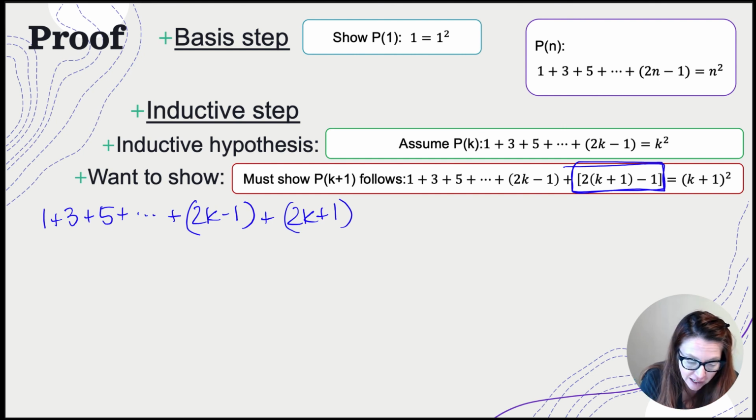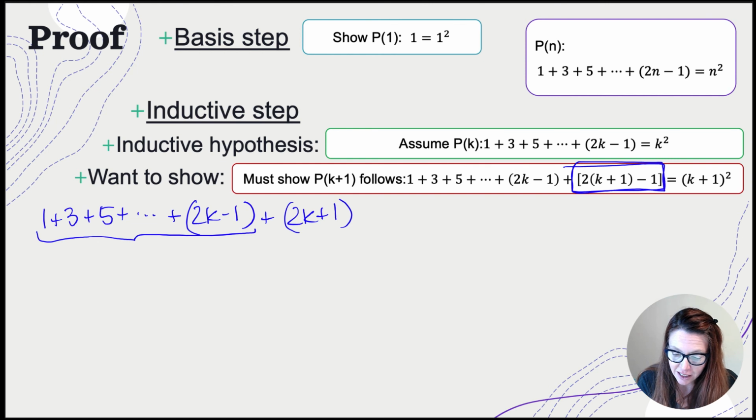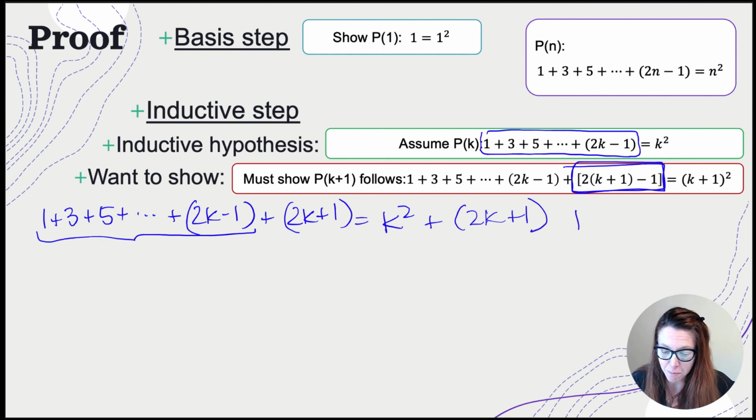Okay, but we know that this first bit is exactly what we're given by P(k). And so this is just equal to k squared plus 2k plus 1 by that inductive hypothesis.